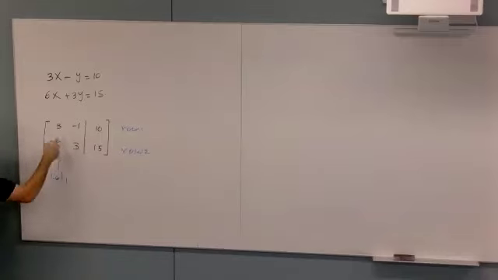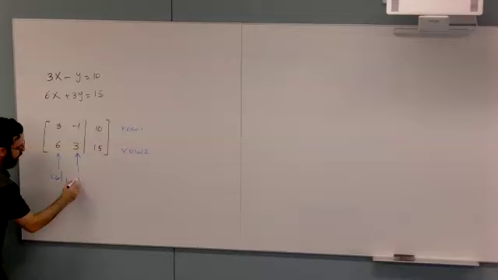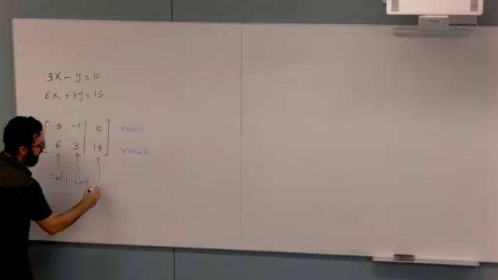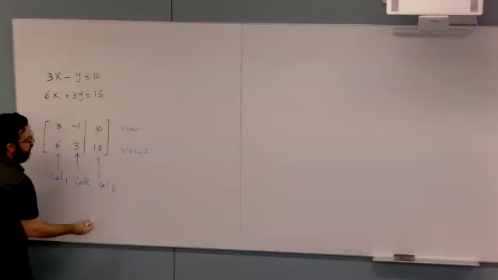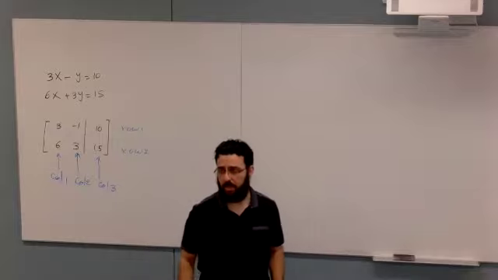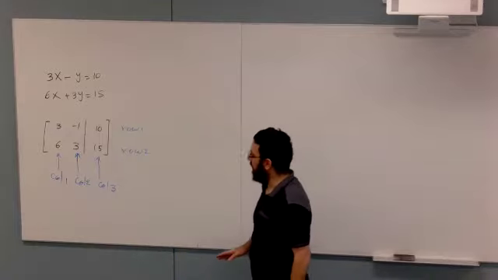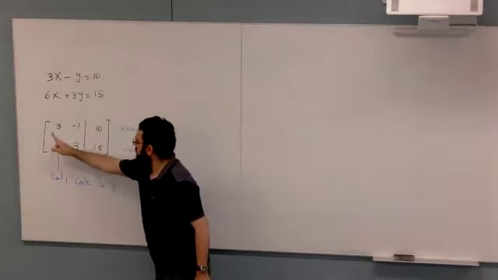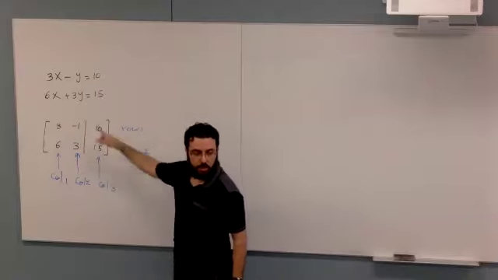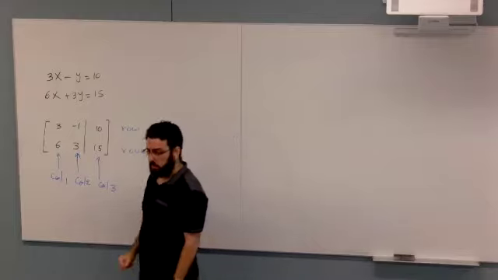Column 1. This one is column 2. This one is column 3. So far, is that hard? I ask you to write down the matrix. This is row 1, this is row 2, column 1, column 2, and column 3. Is that okay?